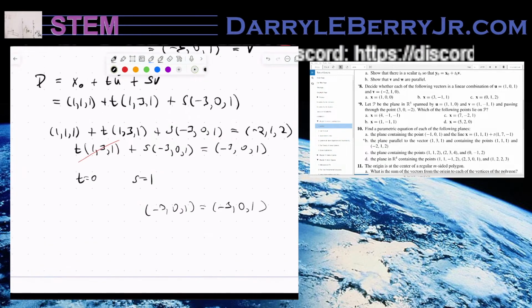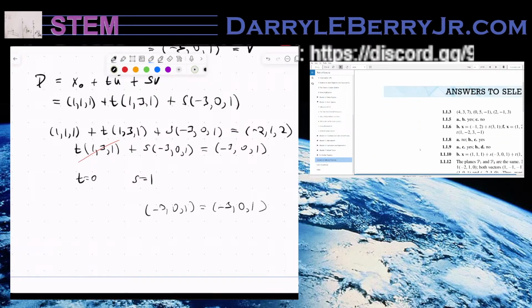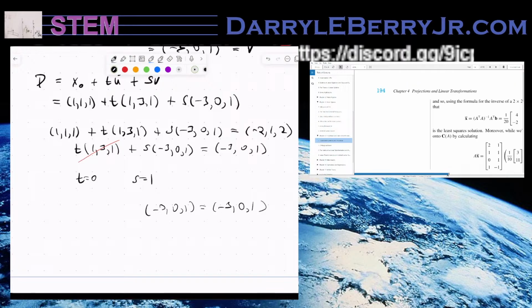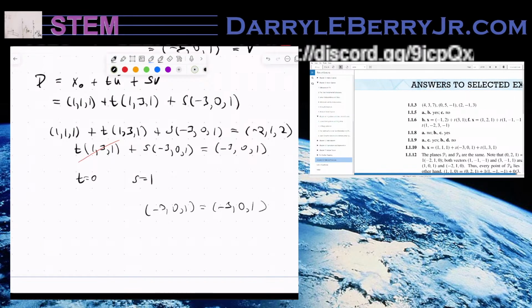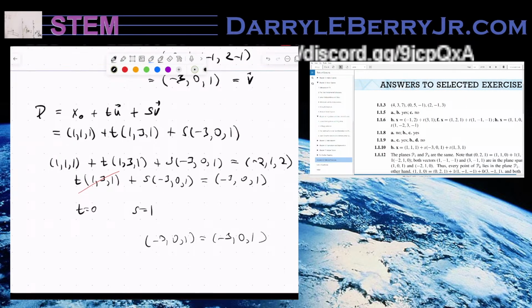Right. So let's see what the book answer says for this one. 1.110b. It is more than one answer, I'm sure. All right. So they did stop here. So we actually had the same exact answer.